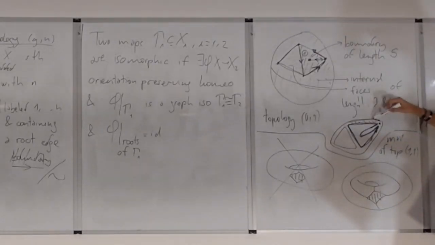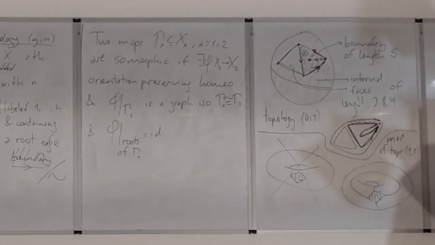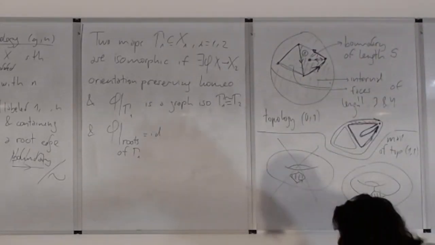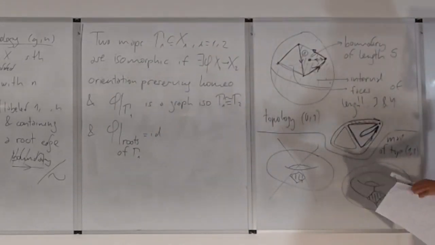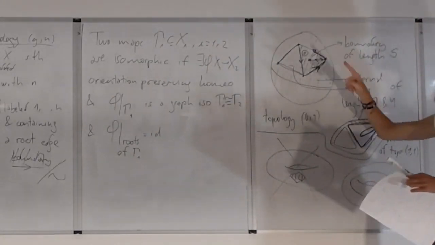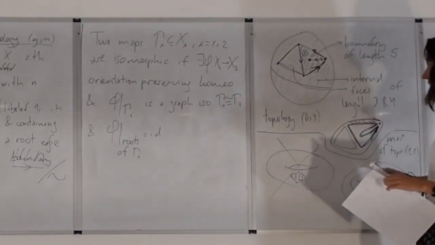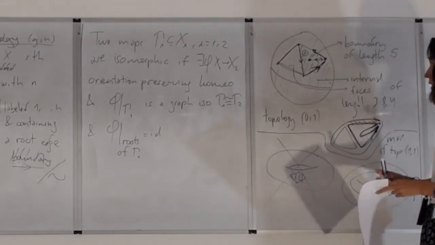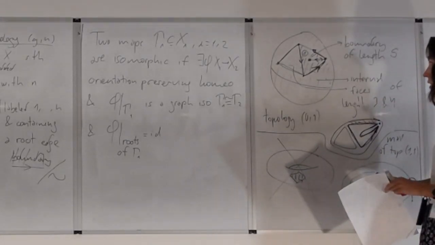But if I look at that vertex, I see 2 outgoing and 2 ingoing. So how do I count the valency of that vertex?